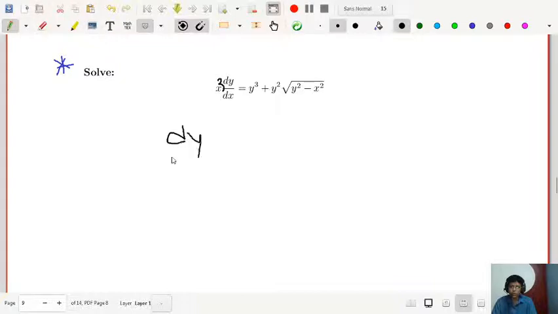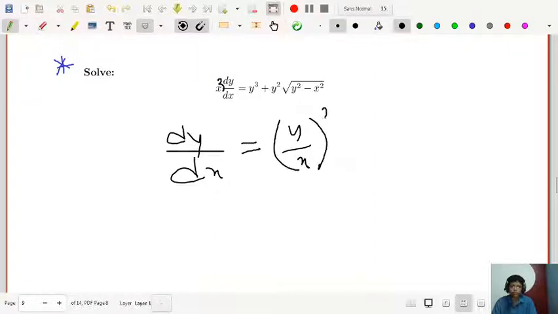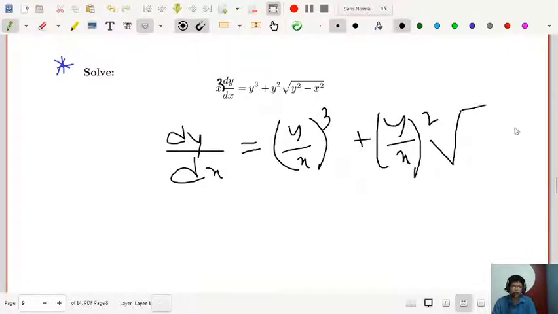So if it is x cube, dy/dx can be written as (y/x)³ divided by both sides, because x cube is dividing both sides, so this is (y/x)² root over (y/x)² minus 1.